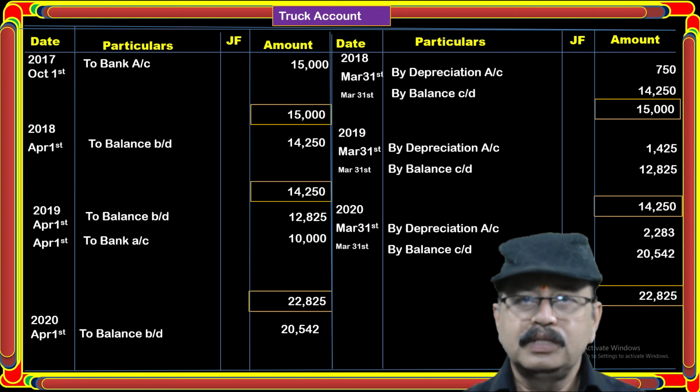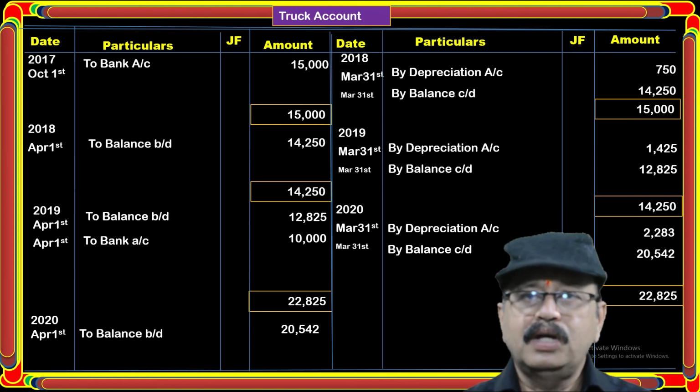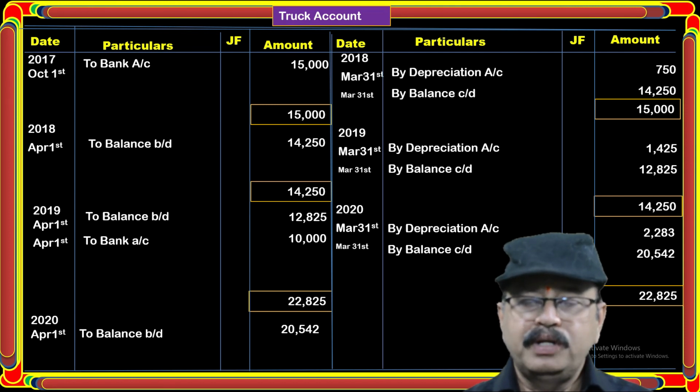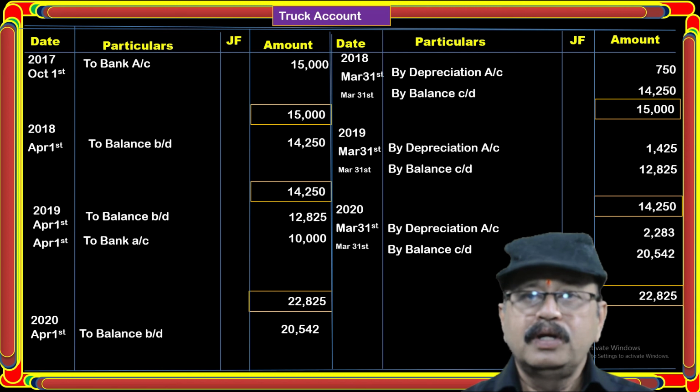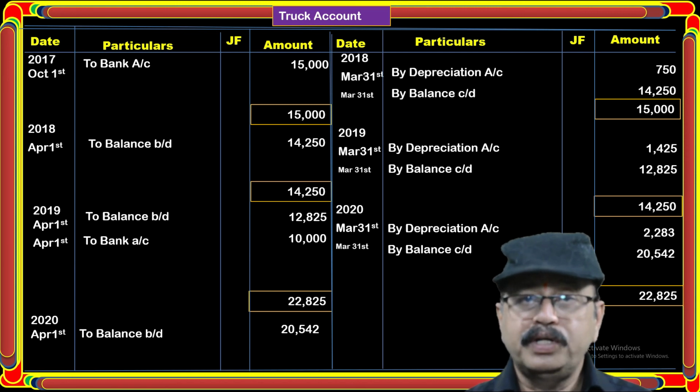Okay students, in this problem you understood what to do when they are buying 2 trucks, or 2 machines, or any 2 items, and how to prepare the machinery account. I explained very clearly here, and in the previous slide I explained how to calculate the depreciation. In the depreciation you should focus on the dates and years, that is very, very important.